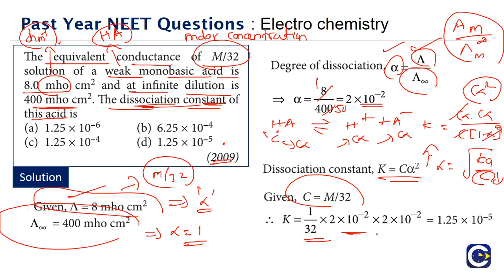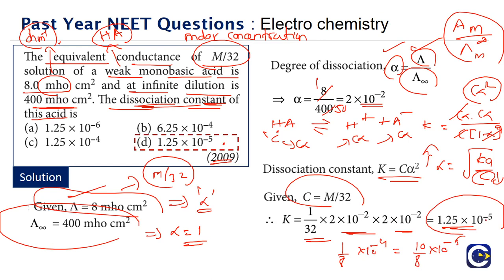So C into alpha square is approximately 1 by 8 into 10 power minus 4, which we can write as 10 by 8 into 10 power minus 5, that is 1.25 into 10 power minus 5. Once we get to this, it's just the substitution. So the correct answer for this is option D.